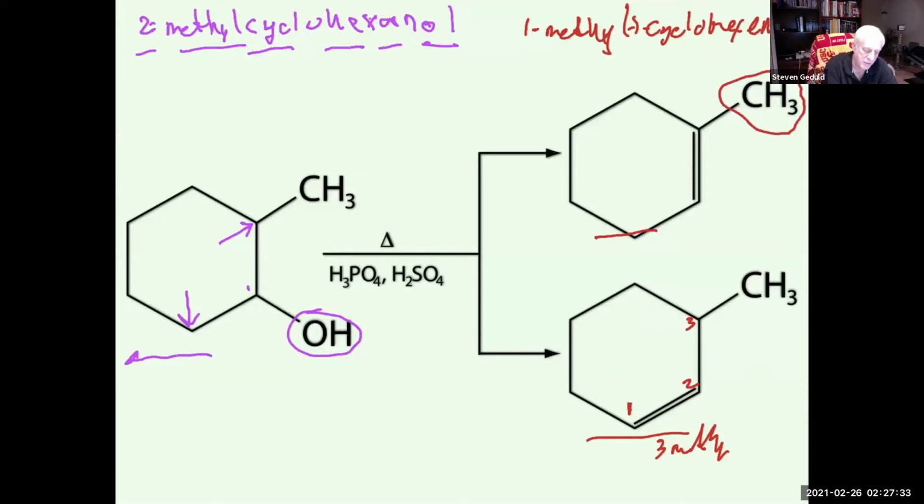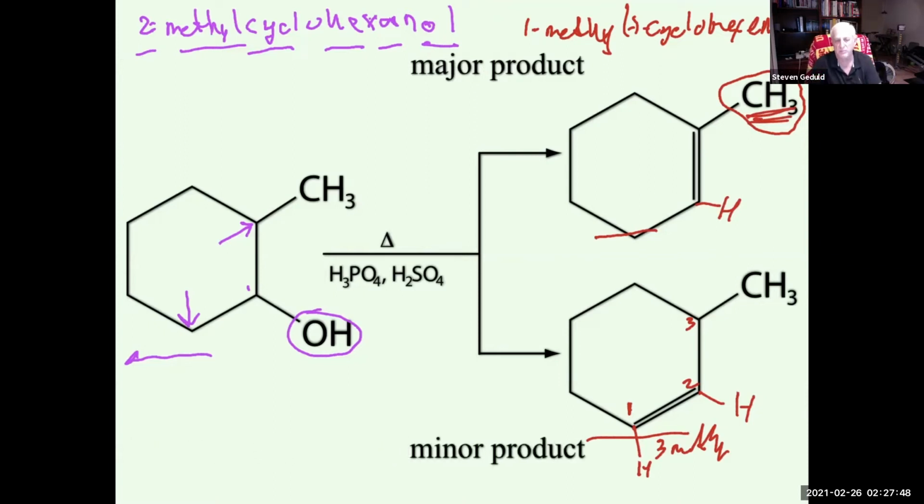Because this one only has hydrogens attached to this double bond. This is hydrogen, that's hydrogen, that's CH3 and hydrogen. So this one has an alkyl group attached. So that's your major product. Okay, major product and minor product. So you should be able to figure out the reaction, tell me what they form, and then be able to name major and minor products.